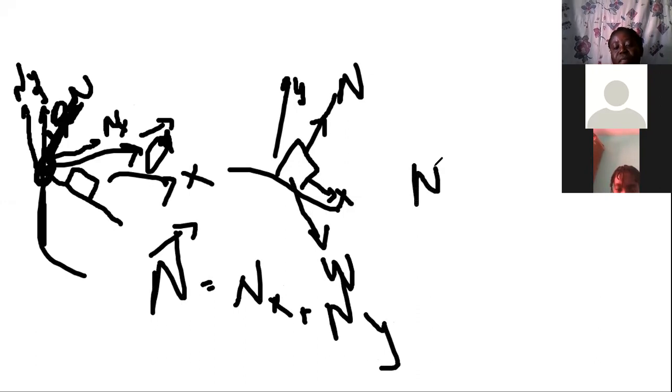If you just consider the magnitude, it equals the square root of the normal force in x squared plus the normal force in y squared.